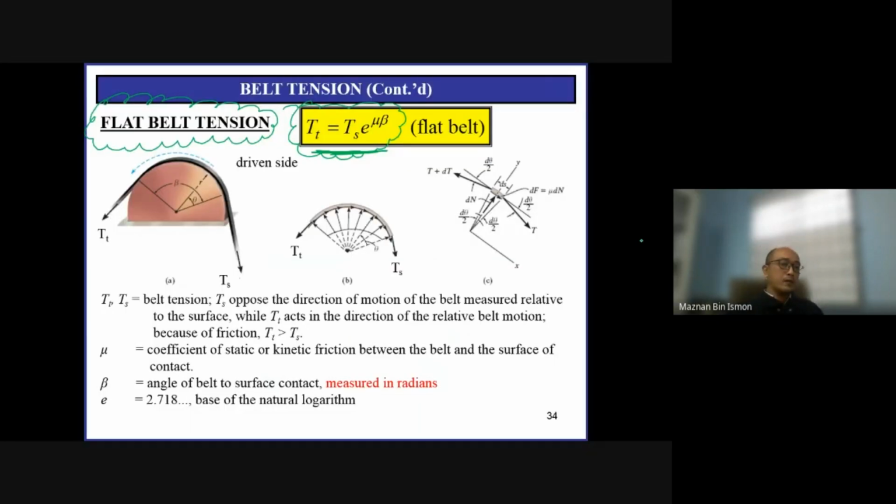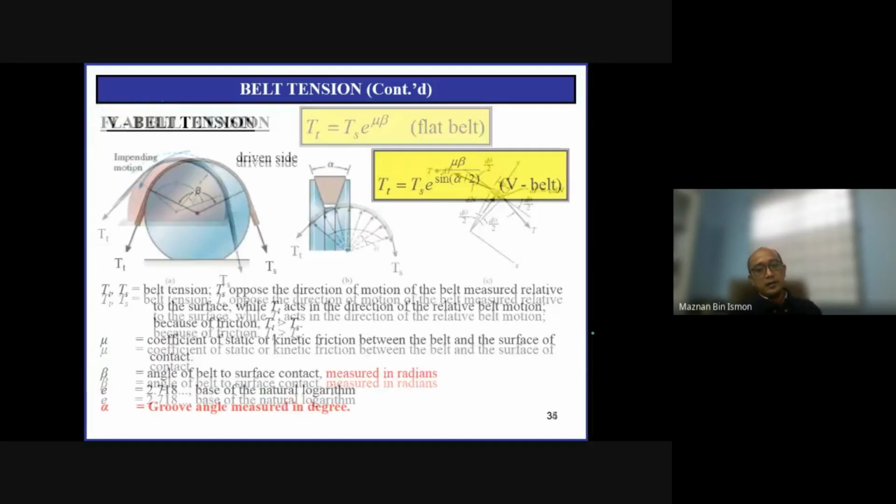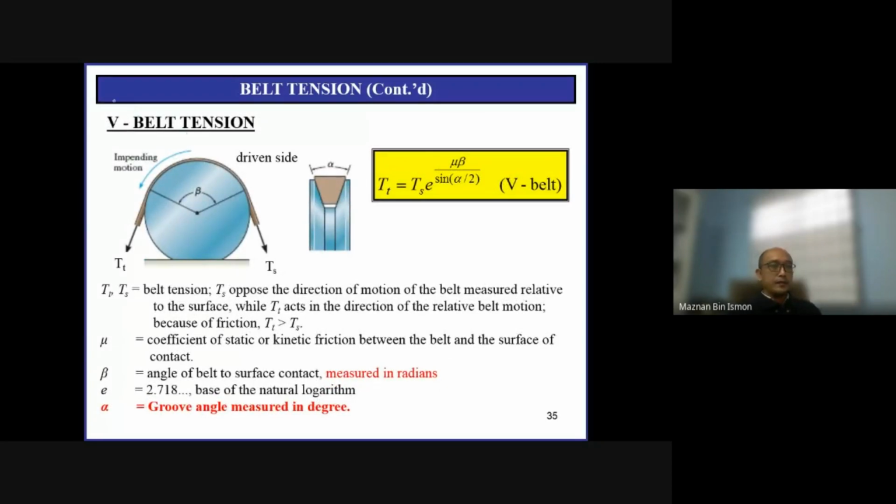Okay. If you look here, this is the coefficient of static friction, and this is the angle of contact of the surfaces. When we go to the V belt over here, this application should be applied, and we have to remember that this alpha over here is the groove angle, and this is the angle of contact.